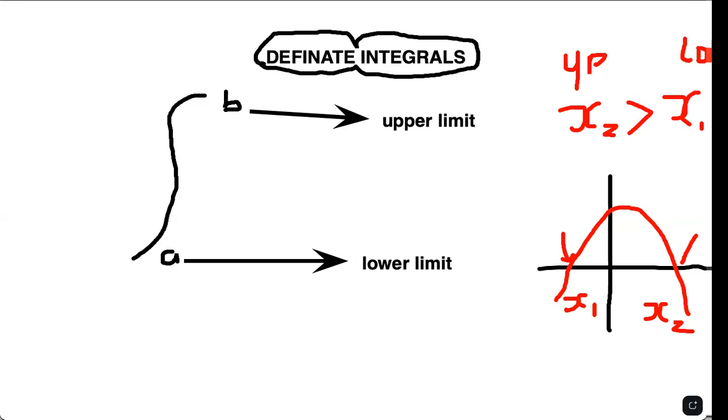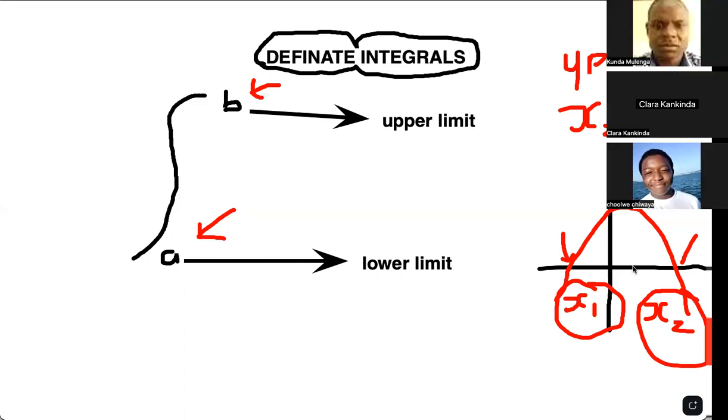So you have x1 here. That is where we have the lower limit, because this value is smaller than x2. And the x2 here is where you put the upper limit. So this is the application of definite integrals when you are finding the area.